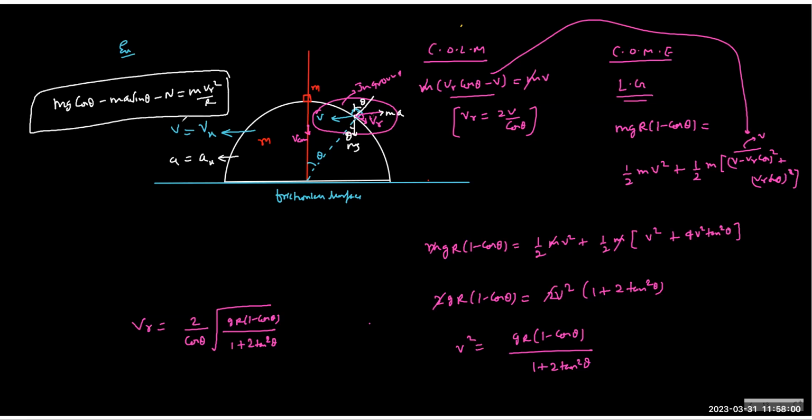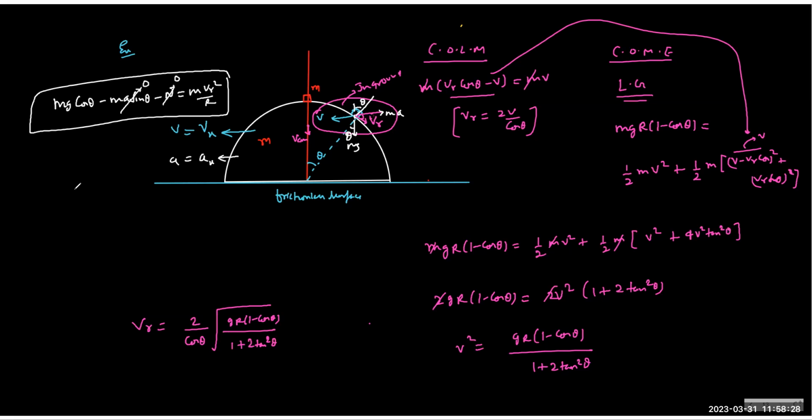And if you make N equal to 0, at that instant a will also be 0. So at the time of leaving, both terms will become 0. Do you realize this? The moment you leave the wedge, the normal is 0, which means the wedge will not accelerate.